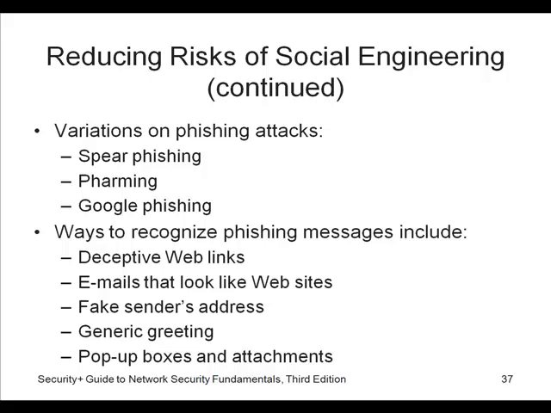Ways to recognize phishing: deceptive web links with a fake sender's email address. This is the one I like, fake sender's email address. Does anybody else get spam from themselves? Used to? Yes. I get spam from myself quite frequently. Somebody just modifies the header information. You can say it's from anybody you want, can't you? You can even do that in the client.